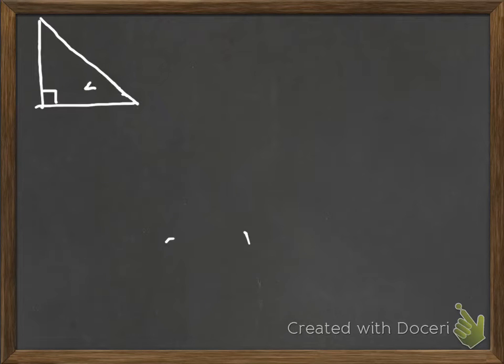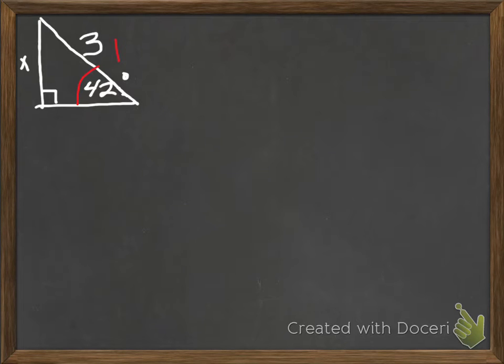Let's look at an example. The angle we're looking at is 42 degrees, and I want to know x, and I know 3 for the sides. First thing we do is label our triangle.